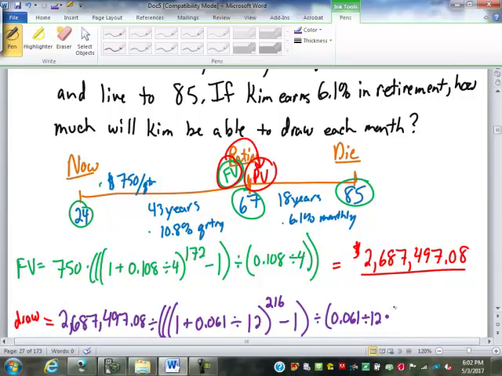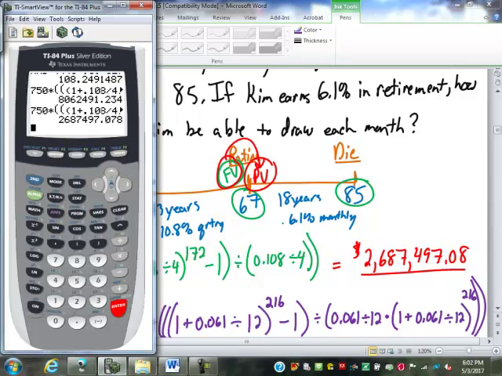We're in the liquidation phase, we got the extra term. So times, parentheses, 1 plus 0.061 divided by 12, close parentheses, power of 216, close and close. So that number divided by 1, 2, 3.